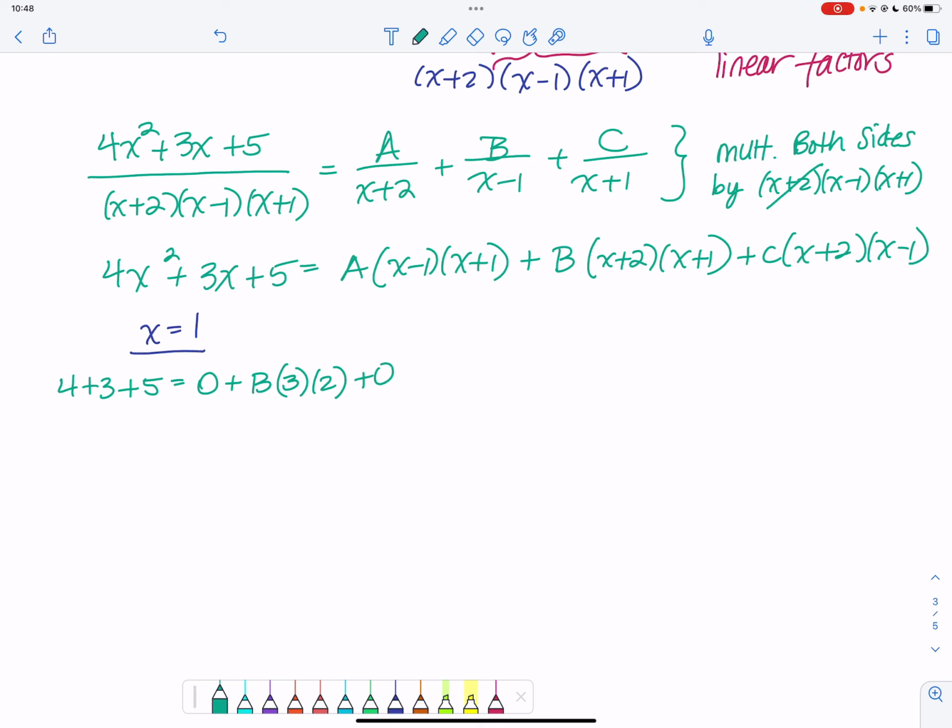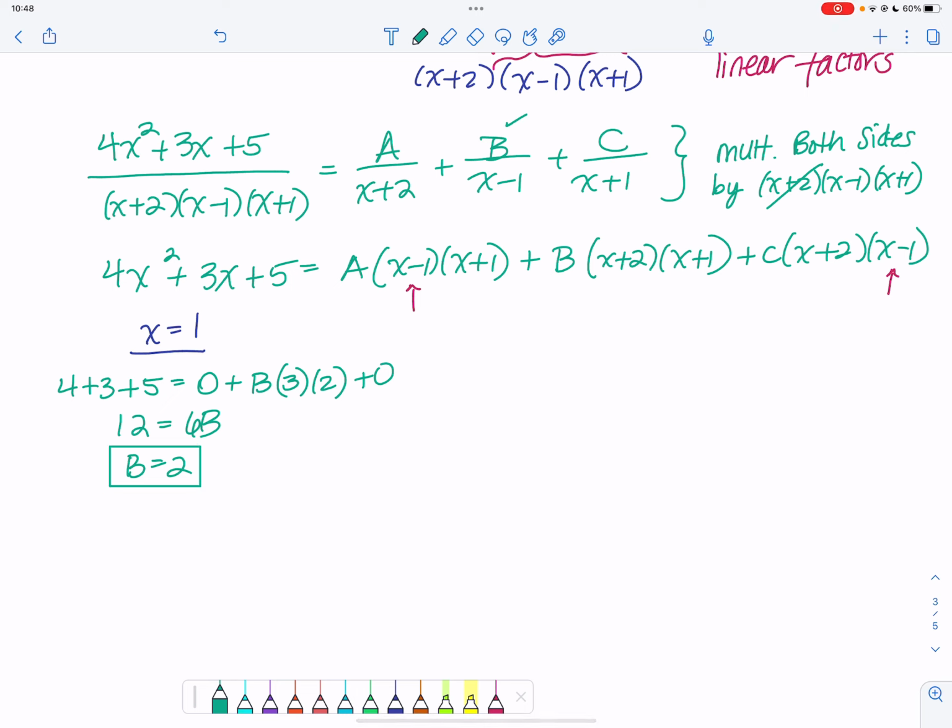So here we had x is equal to 1 and x is equal to 1. Wiping out those terms, that's why I like this method. And we have 12 is equal to 6b and b is equal to 2.